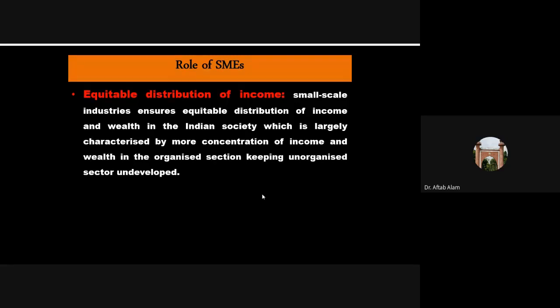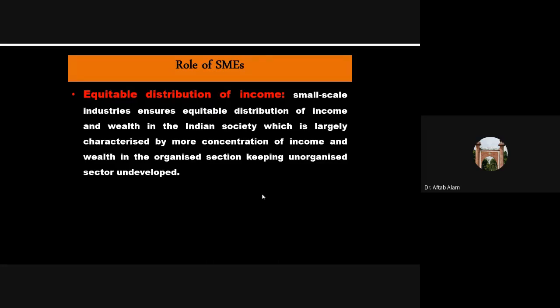The income is distributed on the basis of equity and justice. जिसको जितना शेयर मिलना चाहिए उस हिसाब से डिस्ट्रीब्यूशन होता है एसएमईज सेक्टर में, राइट? So it reduces inequality in the economy actually, right? So it ensures equitable distribution of income and wealth in the society.